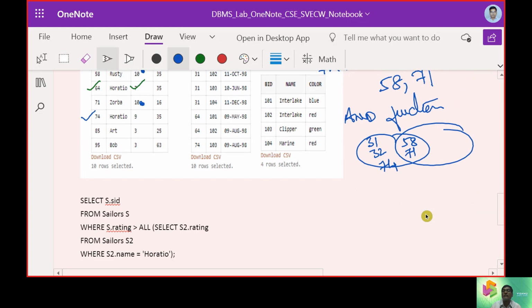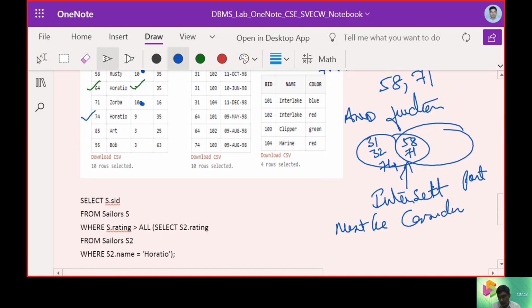So now we can see that the intersect part must be considered. So as of now, we have 58 and 71, the two tuples.